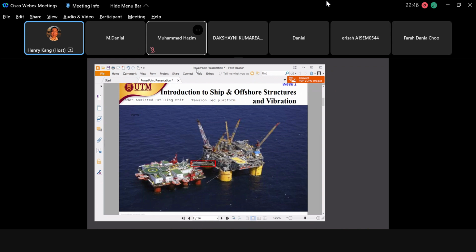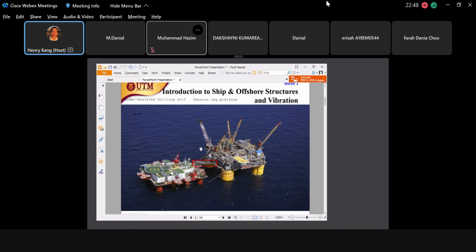So again, from here we can see this is a combination of the offshore and ship structure. Normally we have the so-called floating structure, and the right-hand side is the offshore structure, and the left-hand side is another unit, the so-called tender assisted drilling unit, right?